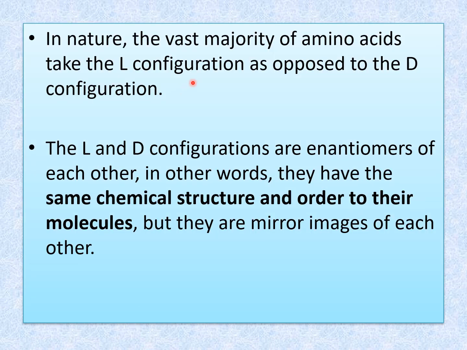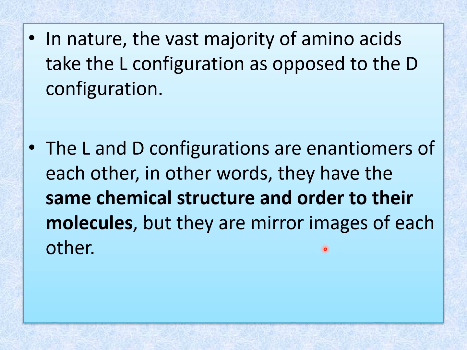In nature, the vast majority of amino acids take the L configuration as opposed to the D configuration. That means mostly they are left-handed more than the right-handed form. The L and D configurations are enantiomers, which means they are mirror images of one another.